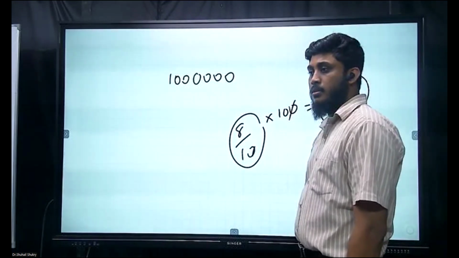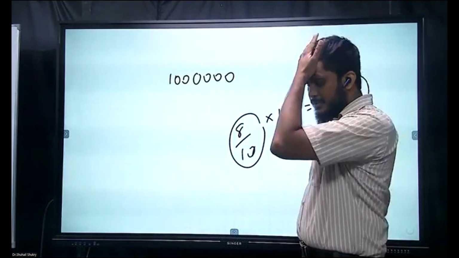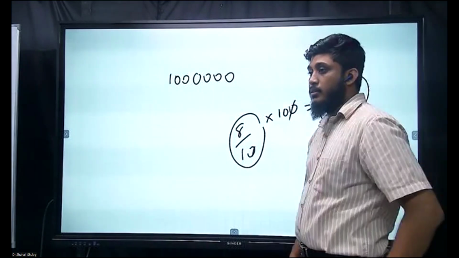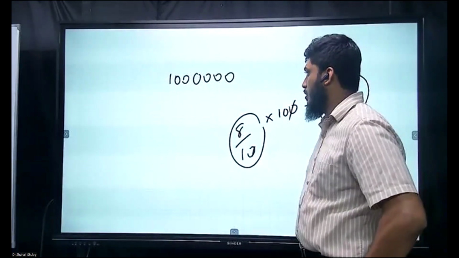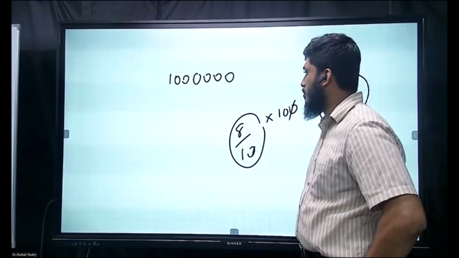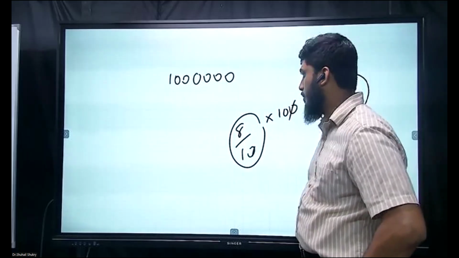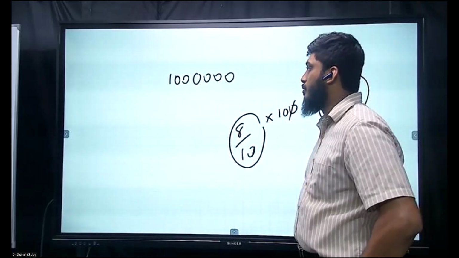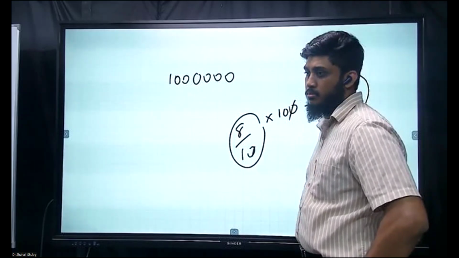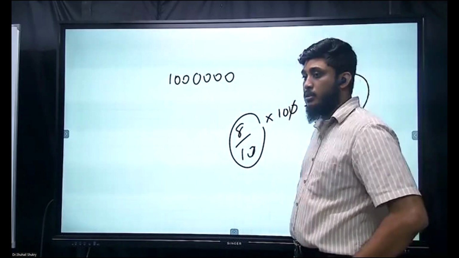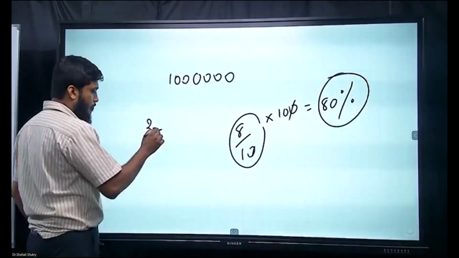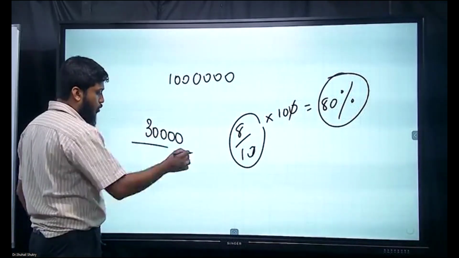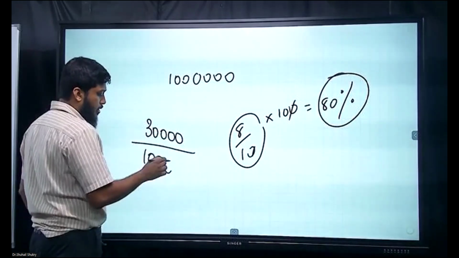Sorry, out of this 1 million, 30,000 are kids. So 30,000 kids means 30,000 kids out of 1 million people.